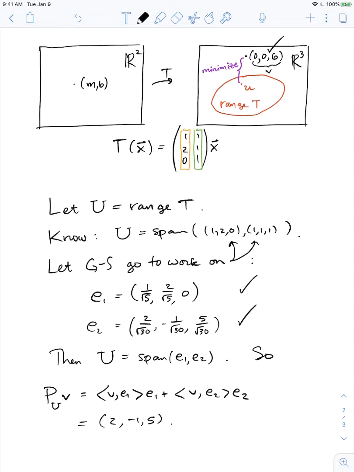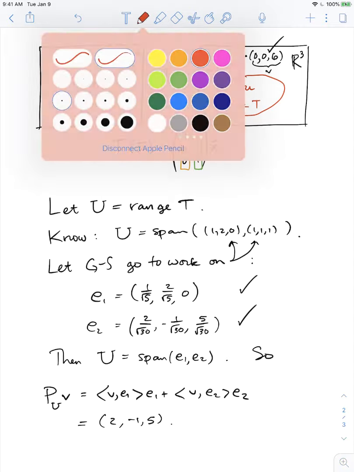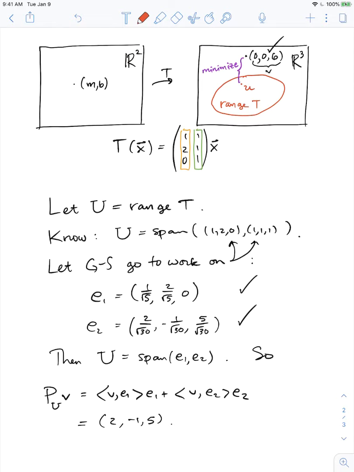Okay, so let's see where everything stands right now. 0, 0, 6 is not in the range of this mapping. 2, negative 1, 5 is in the range of this mapping. In fact, it sits right here. Let's say this vector here is 2, negative 1, 5.